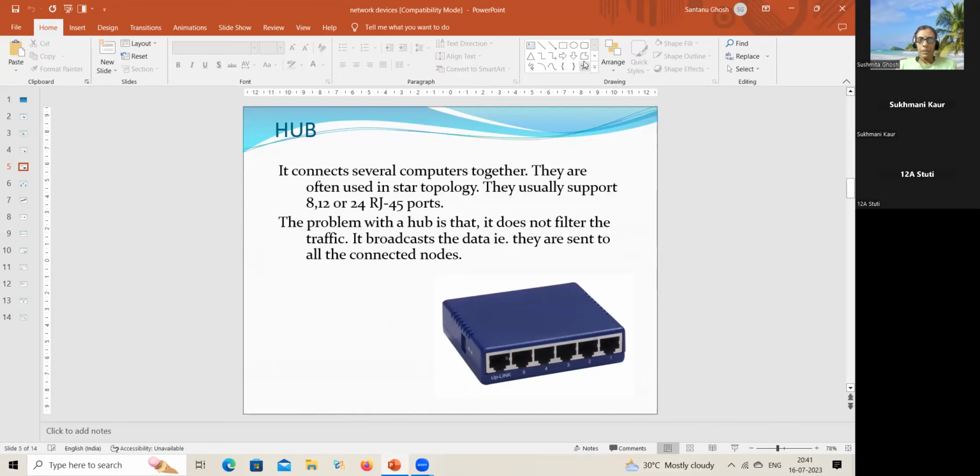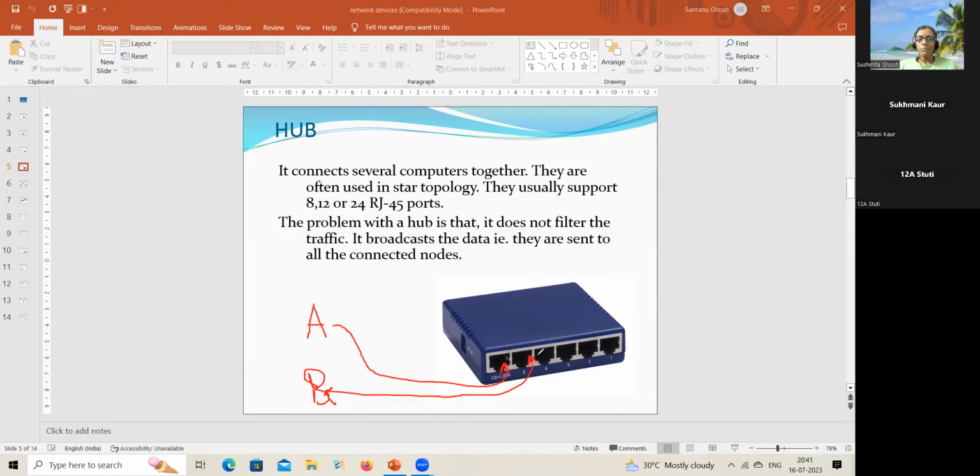Understand like this, that I have a machine A and a machine B. Both have the network interface card, and from there I'm taking the RJ45 cable and attaching it here. Similarly for B also here. So one side of the RJ45 is here and the other side is attached to the hub.